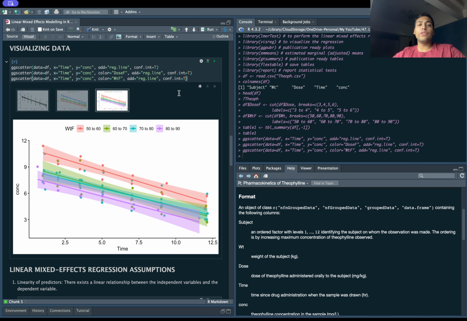So if we just wanted to see the effect of time on concentration, we could have just used a repeated measures ANOVA, right? There are fewer statistical assumptions that need to be met for RM ANOVA than mixed effects models, but it lacks the flexibility of adjusting for variables and other such things. An important one of them includes nested mixed effects or random effects, which we will cover shortly.